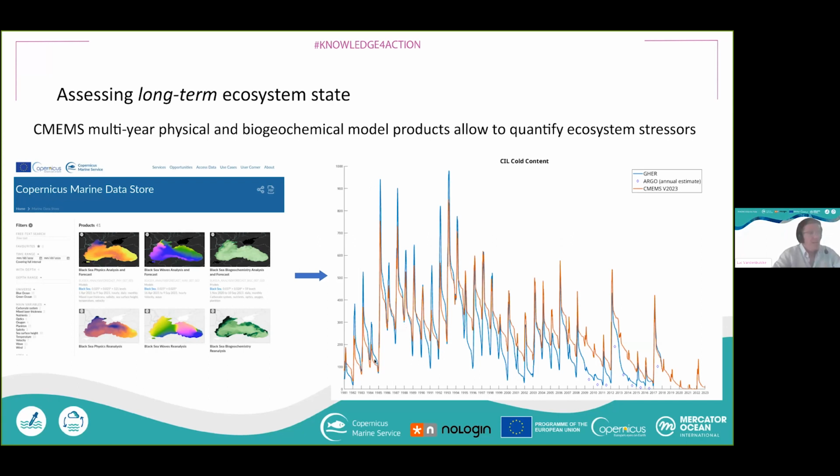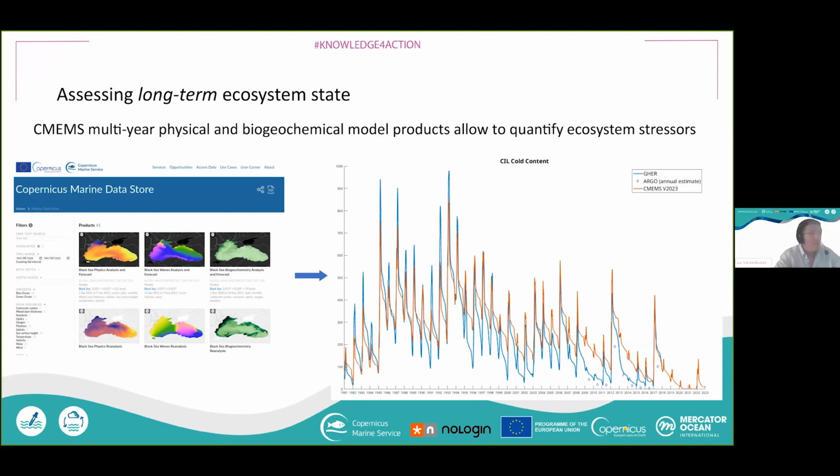You can see in the 80s and the 90s, there was a lot of cold water, and then it starts to decrease slowly. In the last years, we have some years where there's no more cold water at all. So in these last years, you don't have any barrier anymore preventing the exchanges between the surface and the lower layers. So it's already clear that something probably will change in the biogeochemical state of the sea.